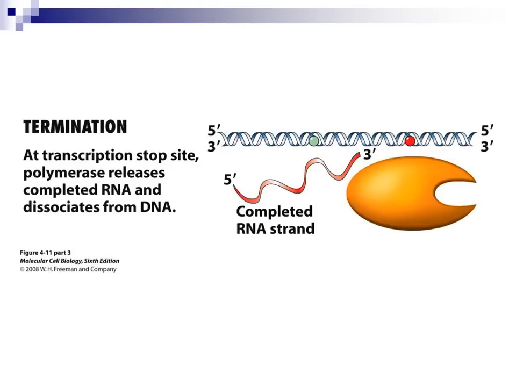All right, so this shows a summary of termination. At the transcription stop site, the RNA strand is removed. The cleavage complex will cut it, and it will dissociate from the DNA.